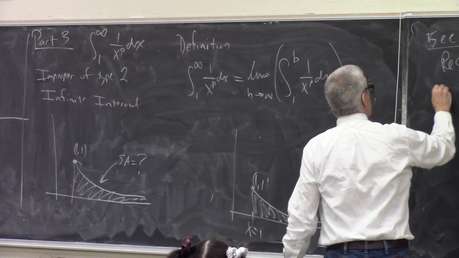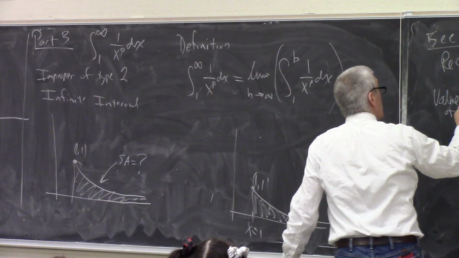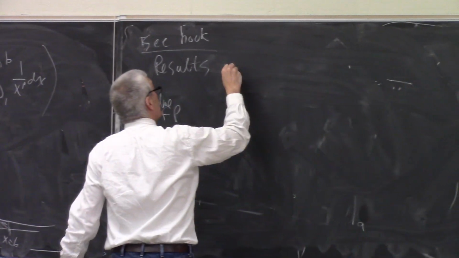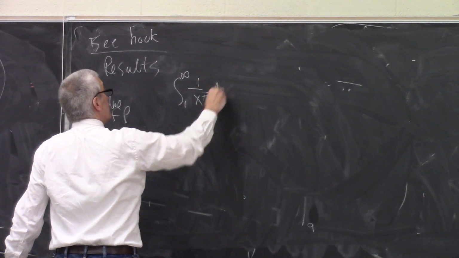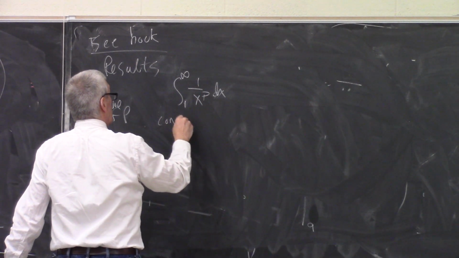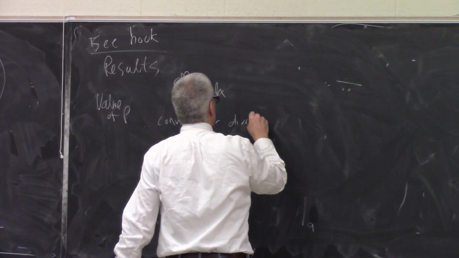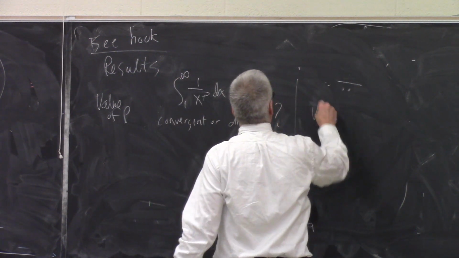So value of p, and then is the integral from 1 to infinity of 1 over x to the p convergent or divergent? And then finally, what's its value?